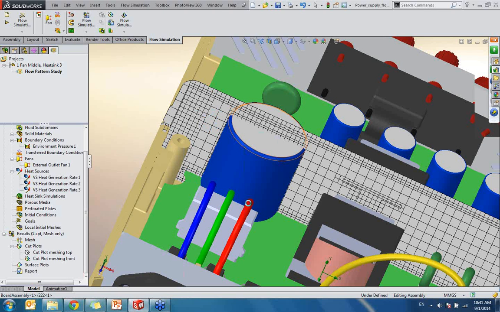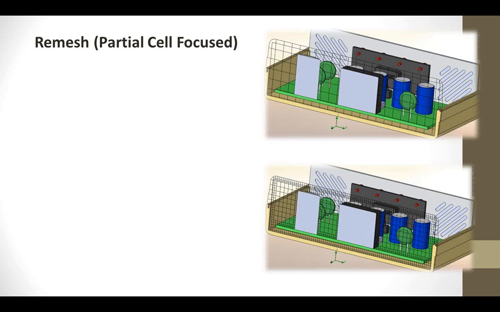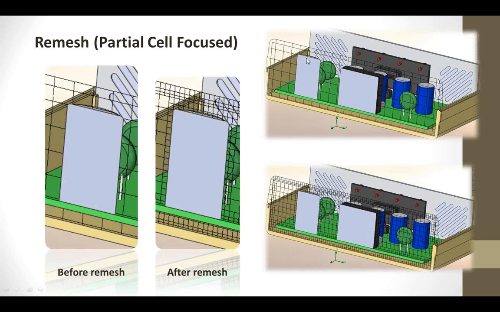Now, I have put it in a slideshow here to let you all see better. This is the meshing of the normal one, not yet enhanced, and this is after the enhancement. If I focus on this capacitor here, you will see that there is a change.